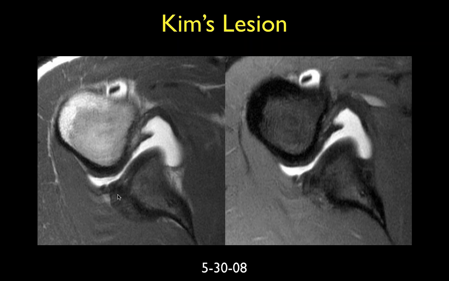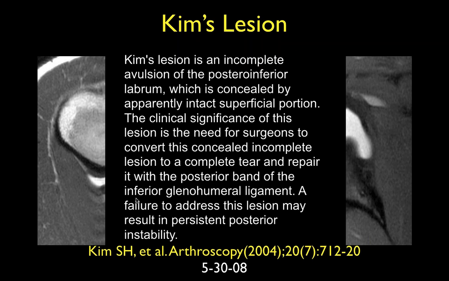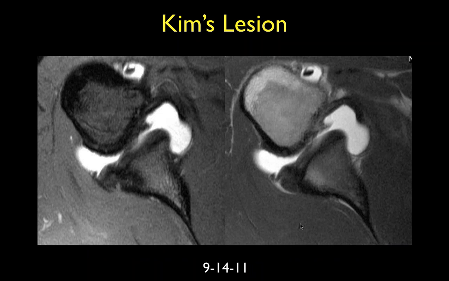And then here we can see marked thickening of the periosteal attachment, which goes along with chronic repetitive trauma and instability. So these are the kinds of things that you can see in a Kim lesion. This was on 5/30/08. It's considered an incomplete avulsion, but in this case it's just an injury to the deep surfaces in arthroscopy.